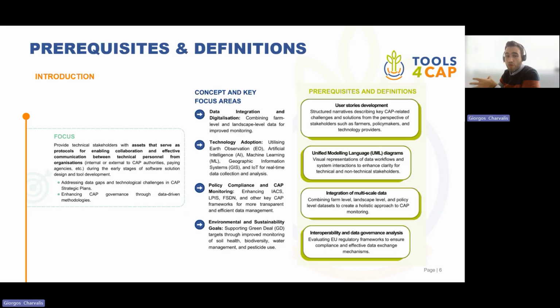And the unified modeling language diagrams are the way to represent and visualize them with clarity, and those can be interpreted by technical and non-technical audiences. We also focus on the integration of multi-scale data, as I told you earlier, and interoperability and data governance, since this is the way to ensure effective data exchange.